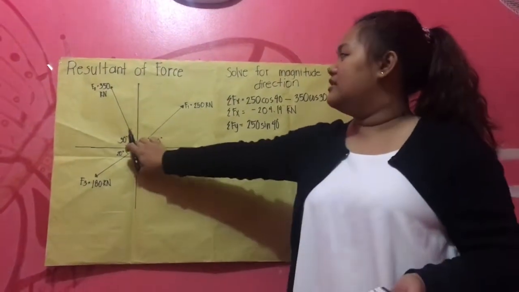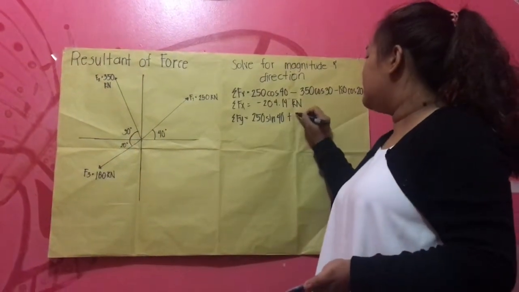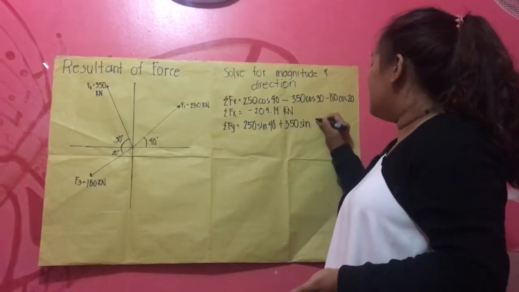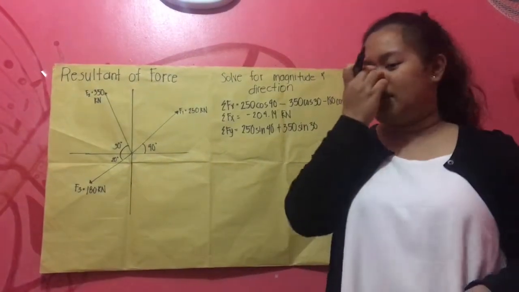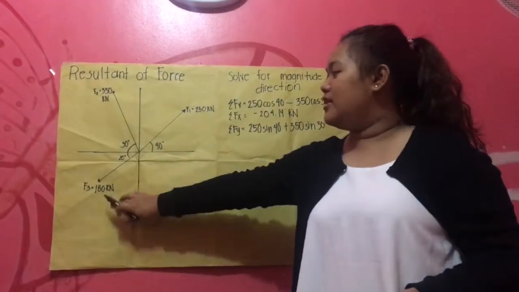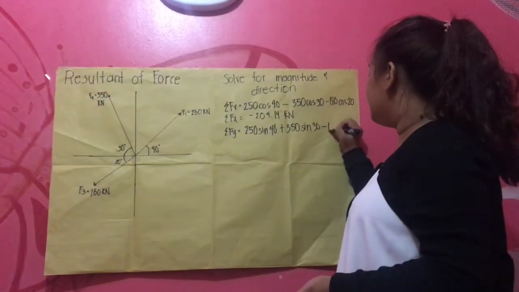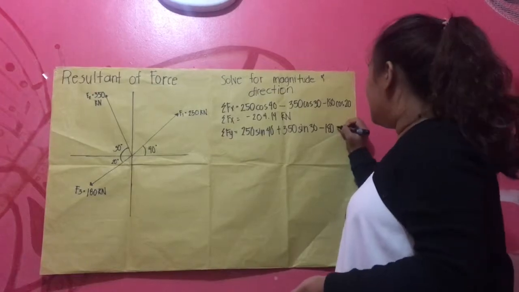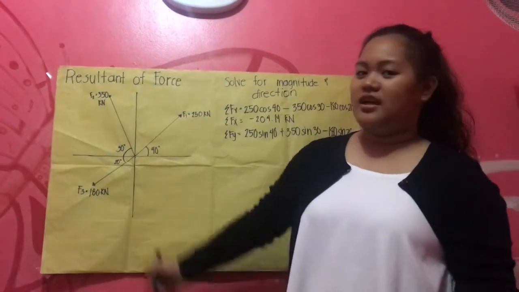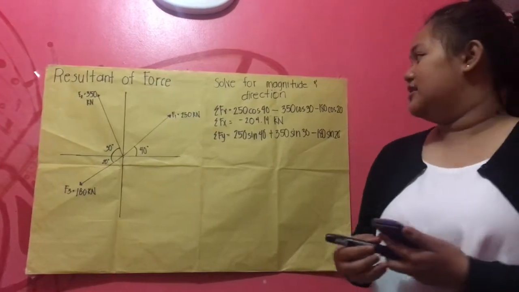Next is positive 350 sine of 30, again since it is also on the positive side of y. Next is negative 180 sine of 20 since it is on the negative side of the y-axis.